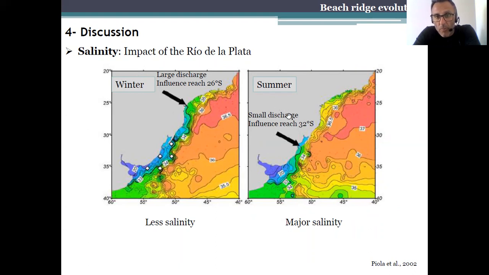But in summer, with a smaller discharge, the influence reaches only 32 south. So if you want a place where all year you have normal salinities, you have to go north of 26 south latitude.